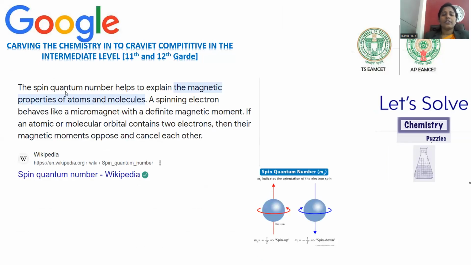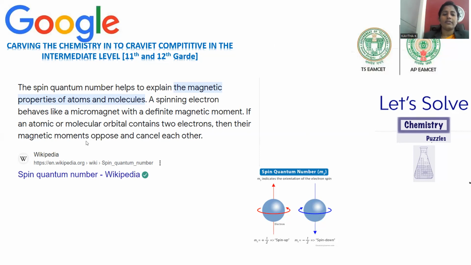First one: spin quantum number is specific for what? Spinning of electron, with respect to the nucleus. Around the nucleus, the electron is always spinning, like the planets spinning around the sun. In the same way here, electrons always spin around the nucleus, so a revolving electron gives the spin quantum number.